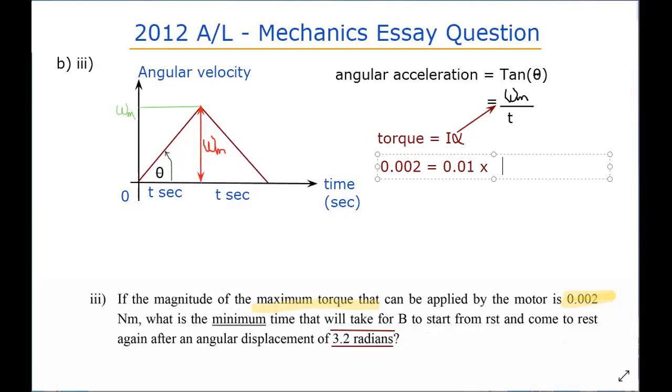Alpha is found as omega m divided by t. Write it, dear. So alpha is omega m divided by t. Can we simplify this any further? What can we do to simplify this further? Think.